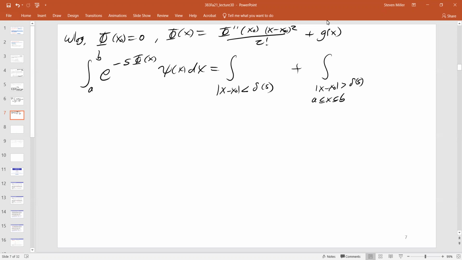So step 1 is we want to show that this goes to 0 as s goes to infinity. And the whole point is we want to figure out what is the correct scale to look at for delta of s.